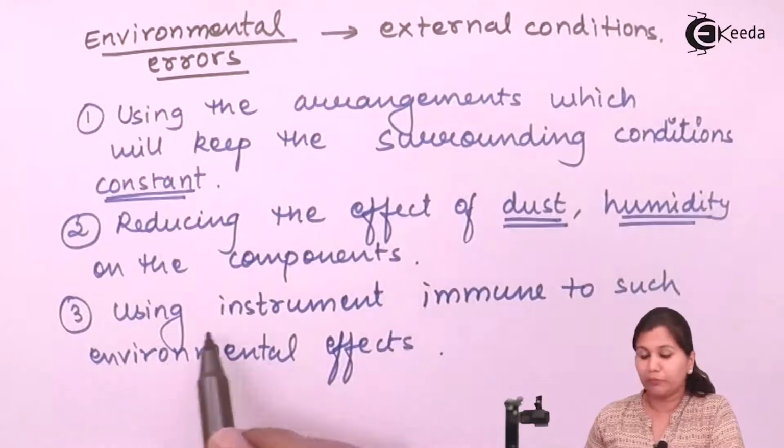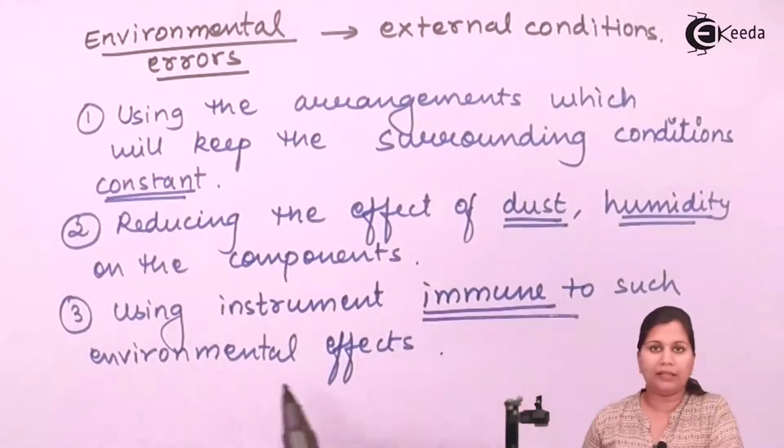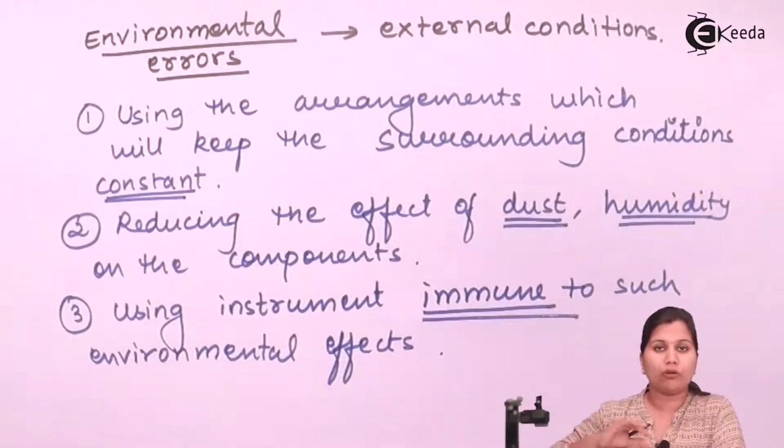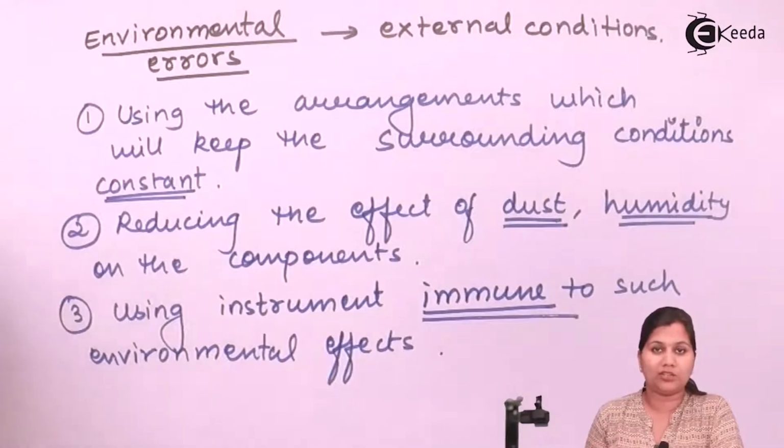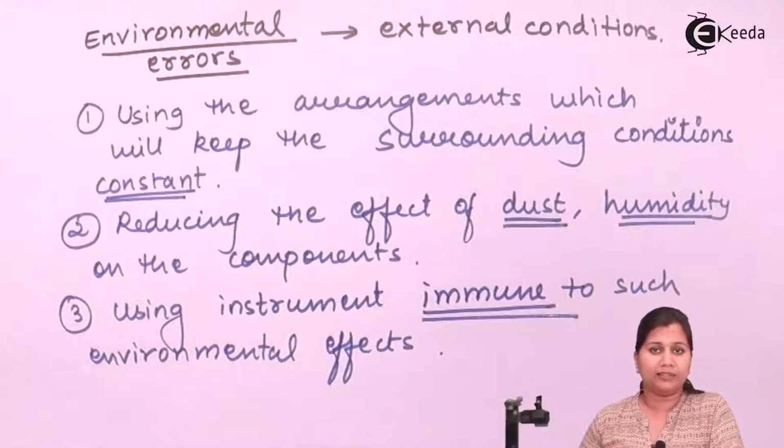Also, we should try to use those instruments which are immune to such environmental effects. We should avoid using instruments which are very susceptible to environmental changes, so that if any changes occur in the environmental conditions, they do not affect the instrument.